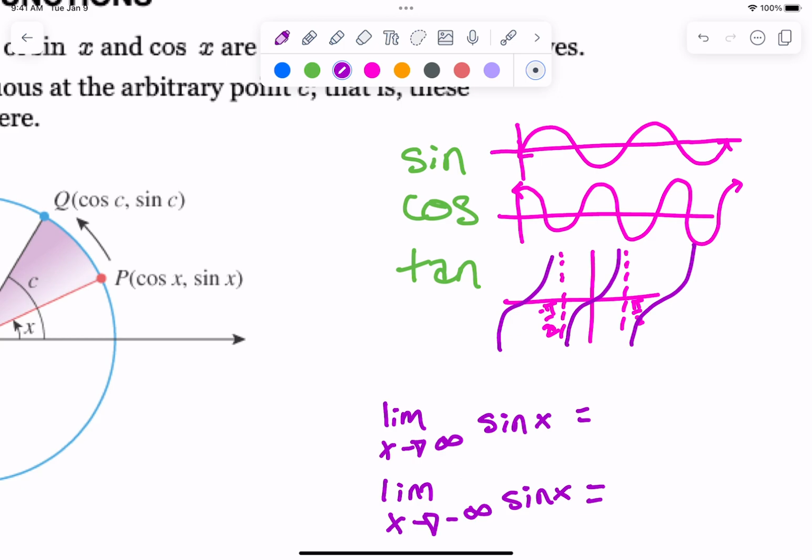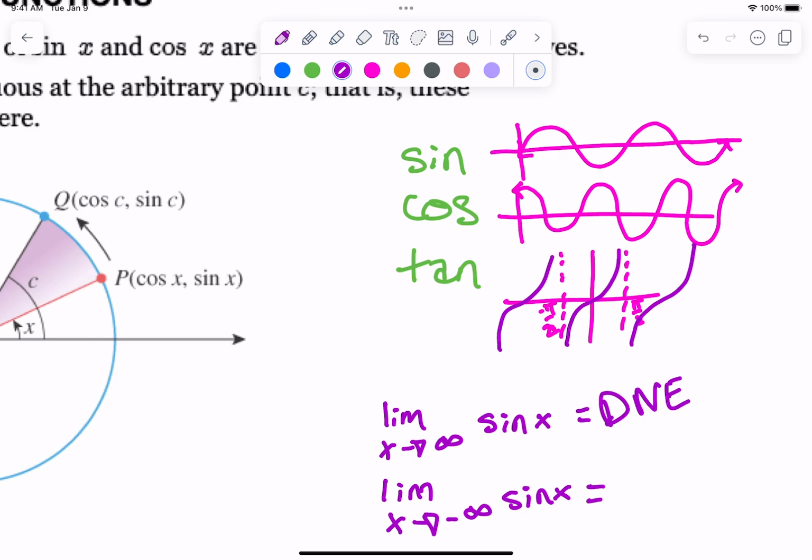Some of the time it's approaching 1, some of the time it's approaching negative 1. They're not consistent with each other; they contradict one another. The limit is not going toward one specific value because it's oscillating between negative 1 and positive 1.